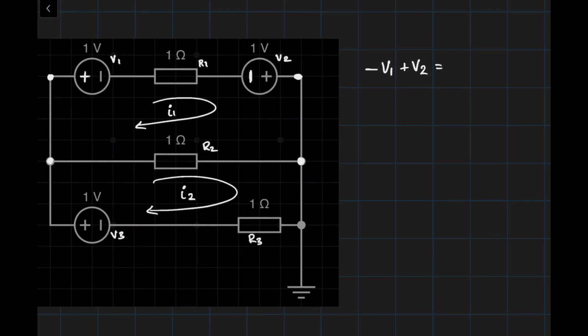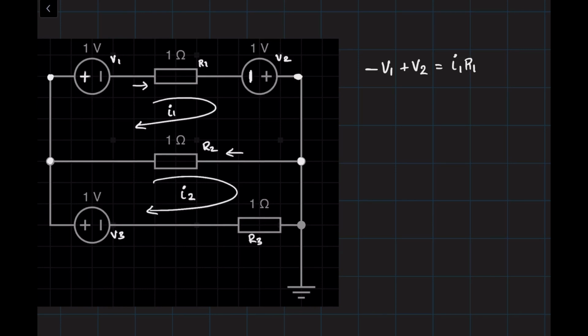Fine. Then taking the resistor R1, moving in the clockwise direction, it is I1 only flowing through R1, so I1 times R1. Understood? Now while moving clockwise and taking the resistor R2, this is where you have to be very careful. While moving in the clockwise direction, when you take resistor R2, 2 currents are flowing through that R2.